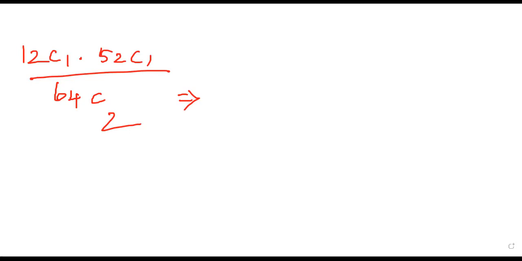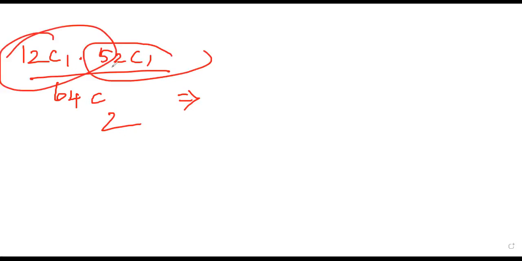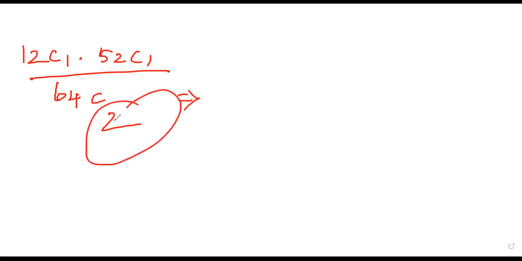There are 12 players who are friends, playing with each other. The remaining players are 52, also playing with each other. Out of a total of 64 players, so together it is 2. So you will divide this by 64C2.